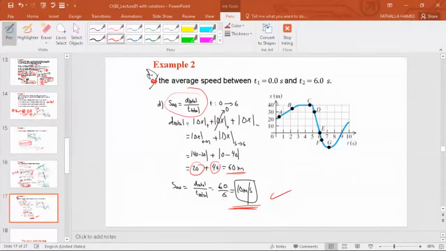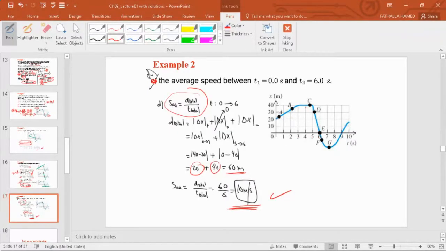So you went from 20 to 40. That will give you a difference of 20 meters. So moving from 0 seconds to 3 seconds, you achieved 20 meters. But between 3 and 5, you were at that location.